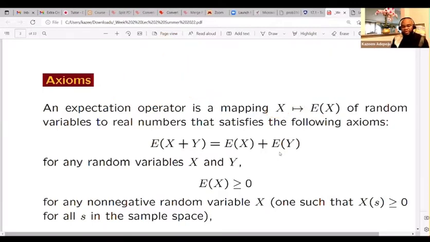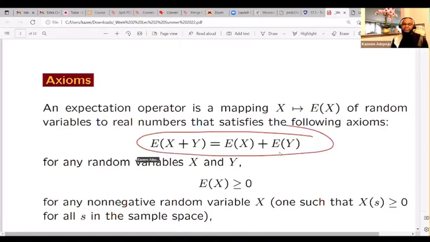Now, for instance, we want to talk about the expected value of X and Y. X is a random variable, Y is another random variable. X has its own sample space, and Y also has its own sample space. X has its own support and Y has its own support.